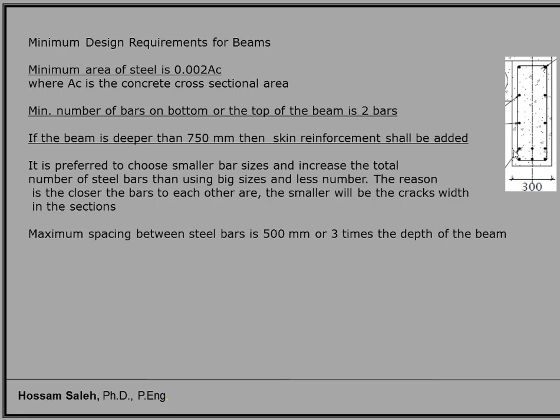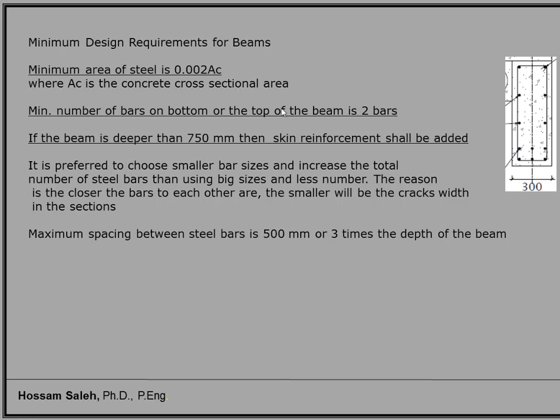But this steel area should not be smaller than 0.2% of the cross-sectional area. We have to calculate the cross-sectional area, and then we take 0.2%, like 2 divided by 1000 times this area, and the steel we add to our beam should be more than that.